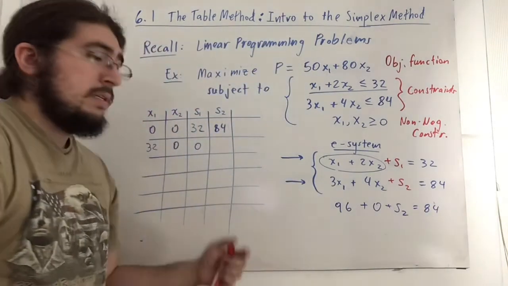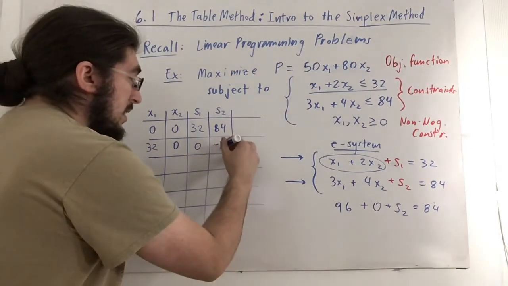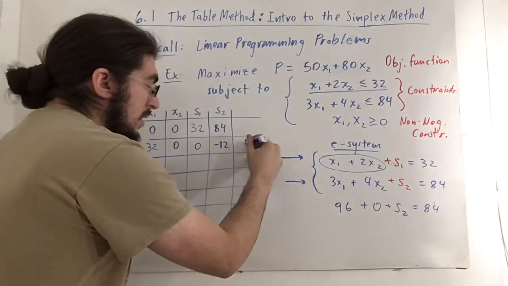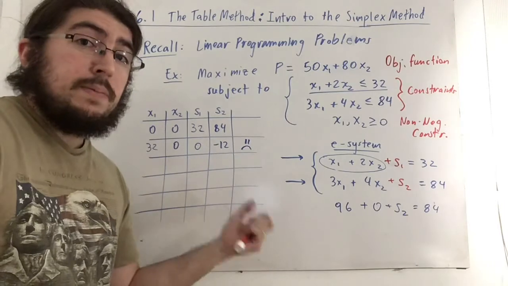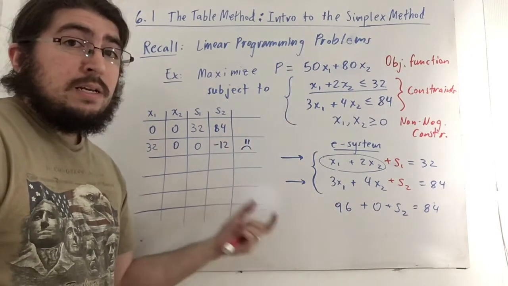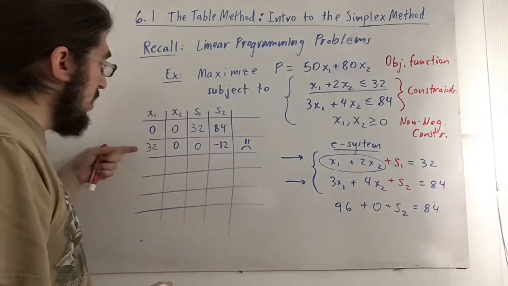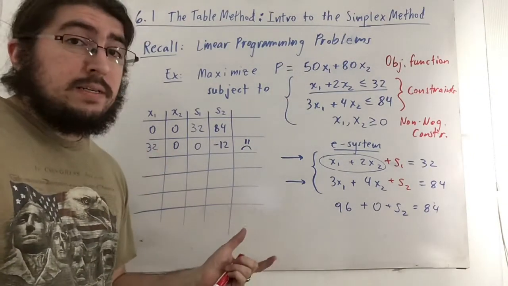So if you were to find s2 by subtracting, you would get s2 is equal to negative 12. This is not good. Why is it not good? It is not good because we want s2 and s1 to be positive. Otherwise, that means our solution is not in the feasible region. What this basically says is that 32, 0 is not in the feasible region. And if you look back, it wasn't.